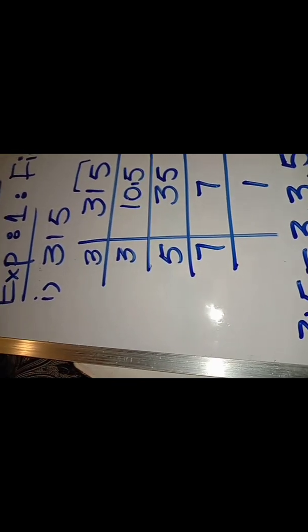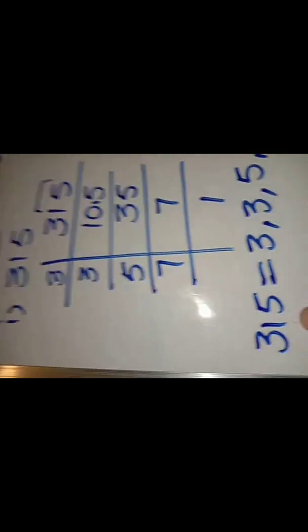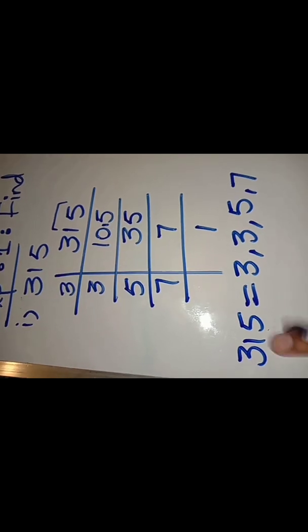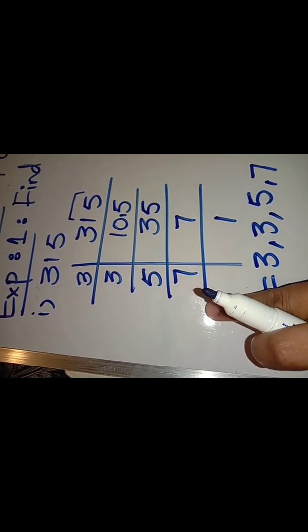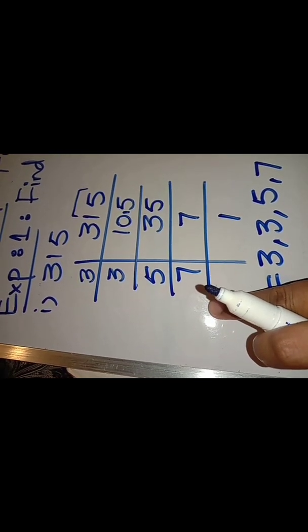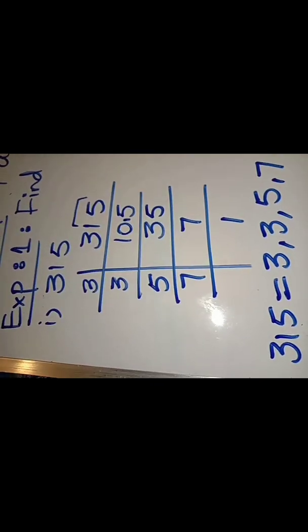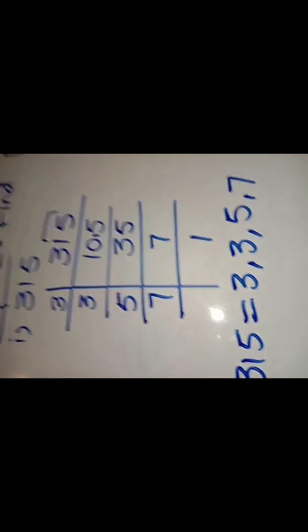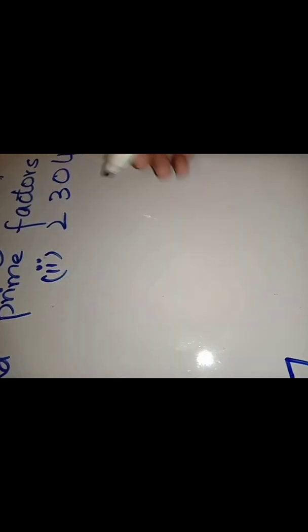By multiplying all the numbers, we will get 315. This is the method of finding prime factors of any number. The next is 2304. How can we find the factors of 2304?